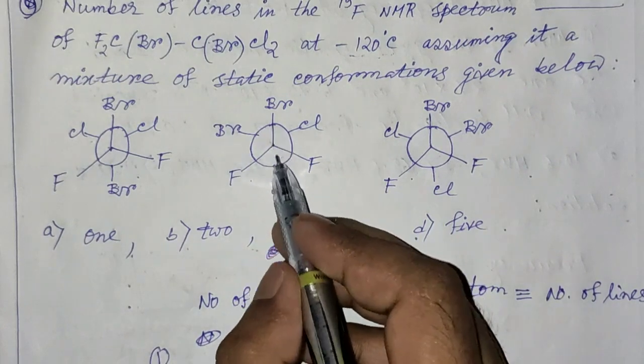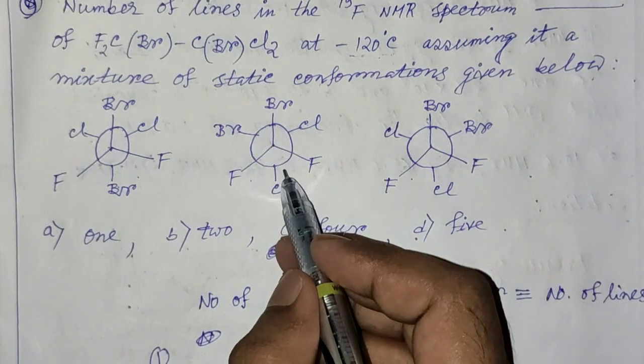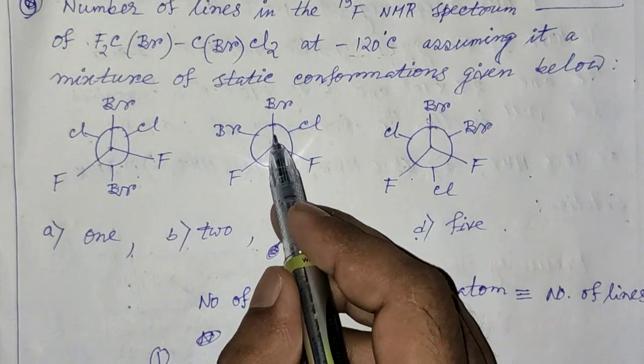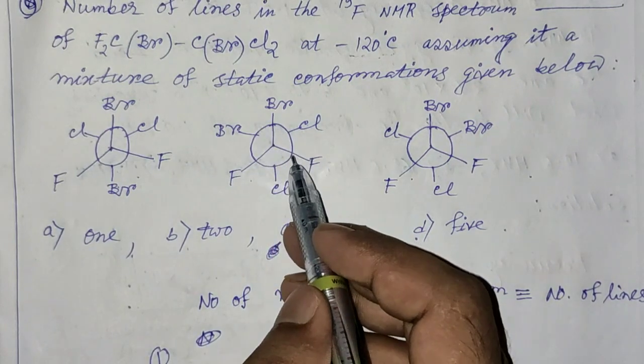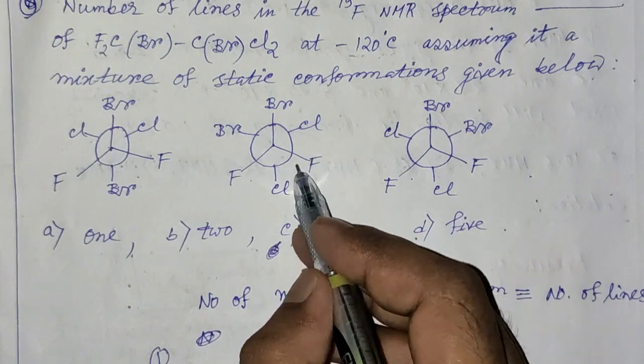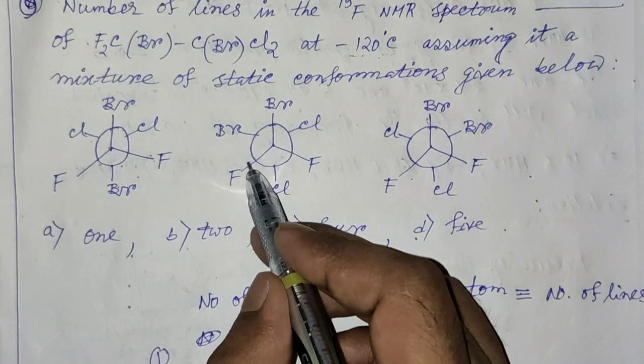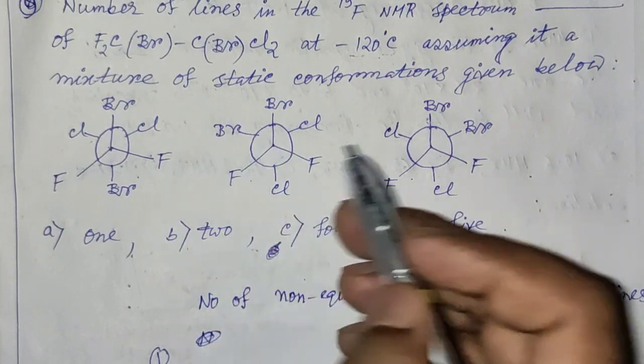Now in this structure we can see that there is no such sigma plane that will bisect the molecule into 2 equal halves, and this fluorine atom will be different in chemical environment from this one.